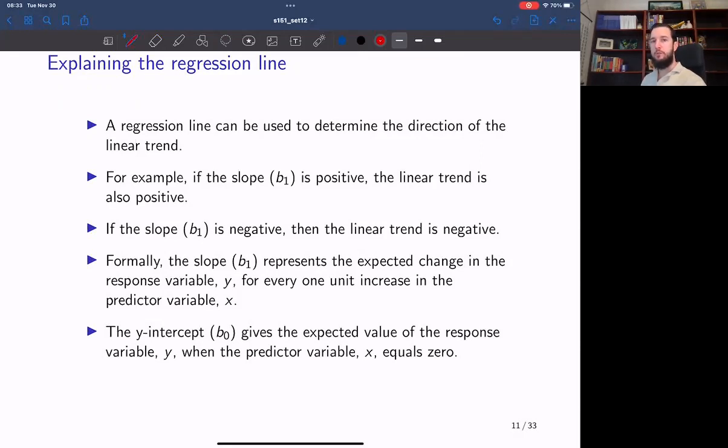The y-intercept, b0, is the expected value of the response when the predictor is 0. So the y-intercept doesn't always have a meaningful interpretation.